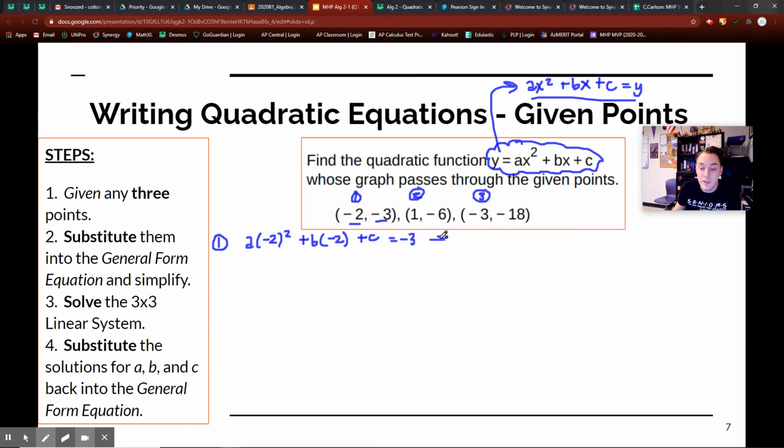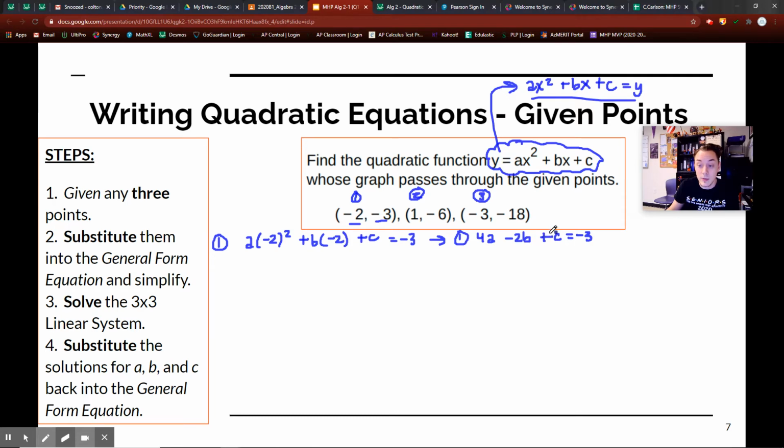When I simplify this, watch what happens. This is still my first equation here. I have -2 squared is 4, so 4a minus 2b, and then plus c equals -3. You see what I did there? I basically eradicated the x and y's, and I got a, b, and c back.